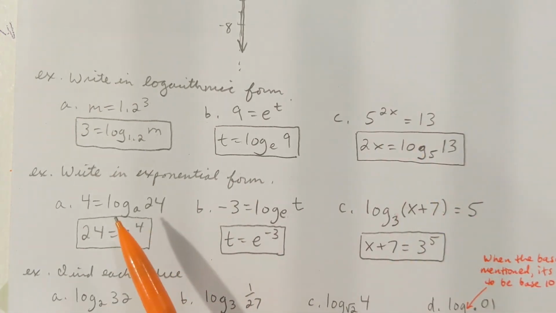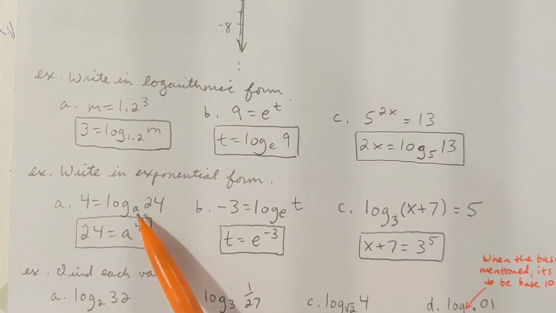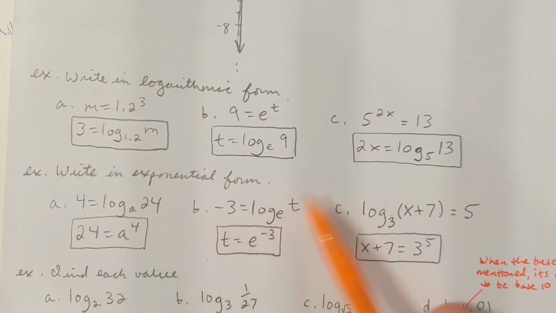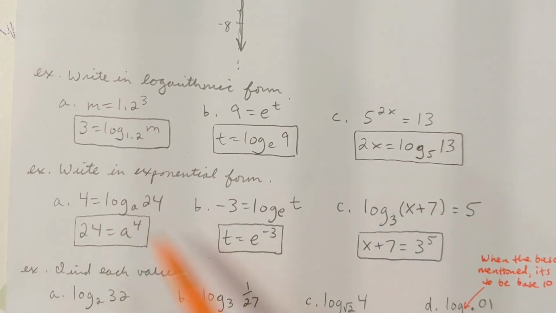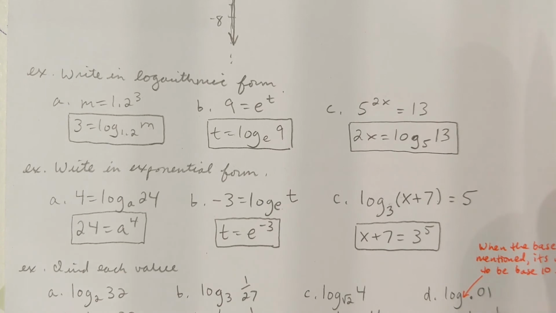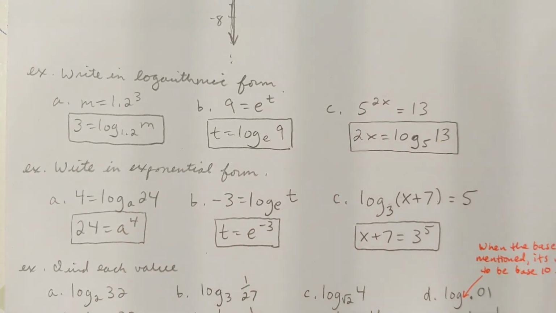In the first problem, 4 is my y value, a is the base, so a to the y would be a to the 4th here. 24 is my x value, so that'll be on the other side of the exponential. A to the 4th equals 24. That would be my answer. That's the equation, but now rewritten into an exponential form.